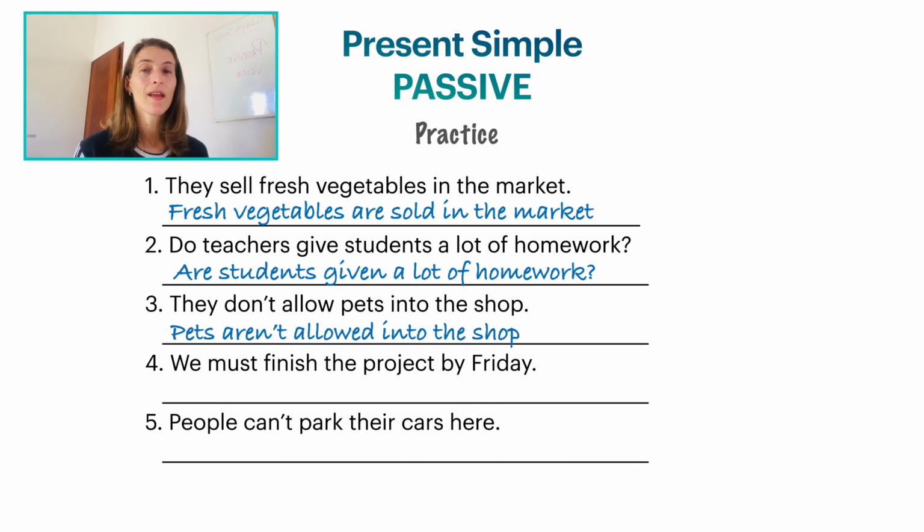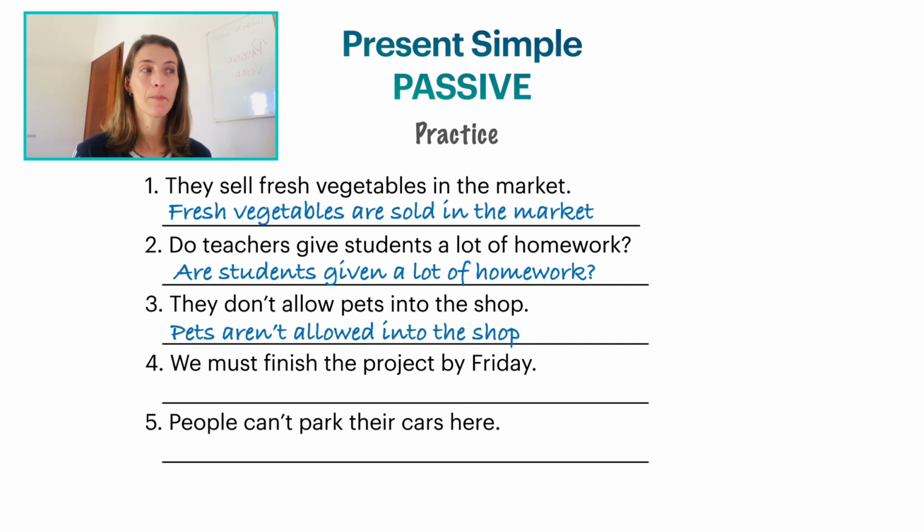Yes? Y esta expresión de not be allowed, ¿sí? Se usa más en la voz pasiva que en la voz activa. Es mucho más común en la voz pasiva. As we have in the second sentence. Pets aren't allowed into the shop.